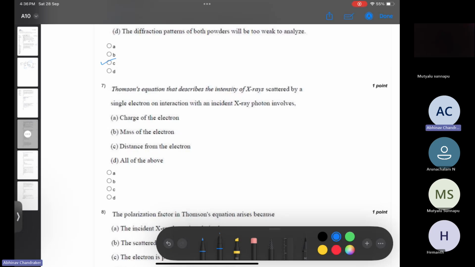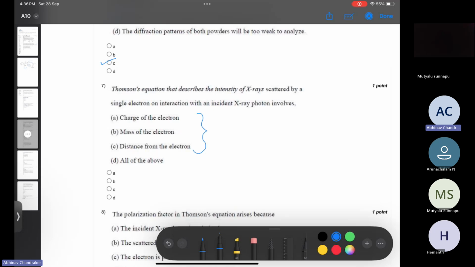And this will depend on all of these. You can look at the formula to know the exact relationship between all of these and the scattered X-ray beam intensity.